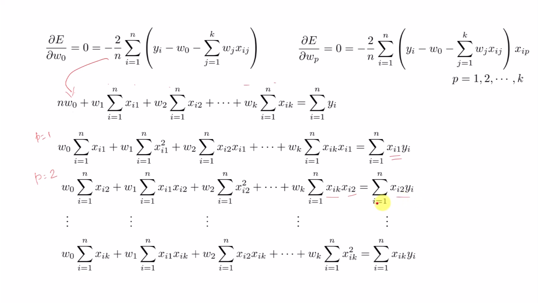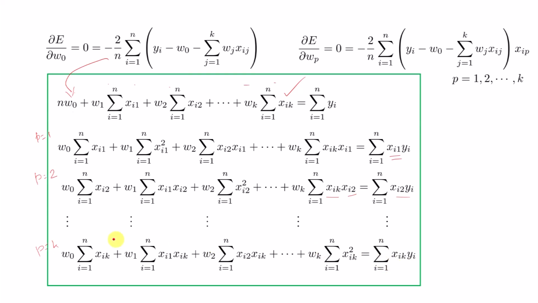We can go like this. The last equation will be w naught, here p equals k. So xip is now xik, and w1 multiplied by xi1 xik, w2 xi2 xik, etc. The last one, it had xik before, so now it has xik whole square. The right hand side is xik multiplied by yi, summation of that.